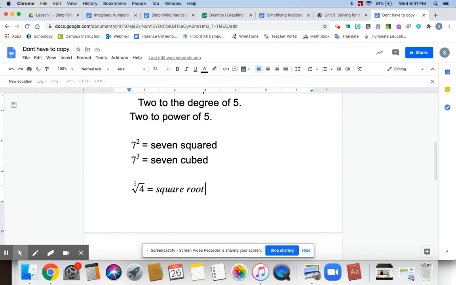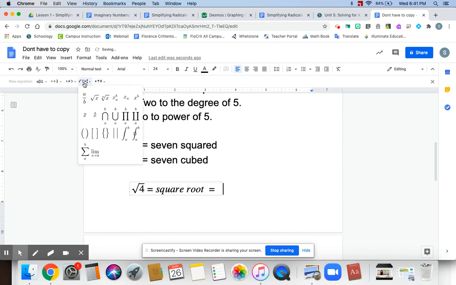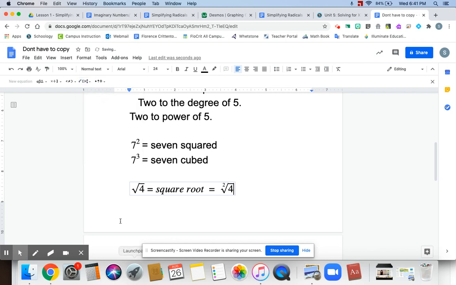It's called a square root because we pretend there's a little invisible 2 right up there. So these mean the same thing. We just don't write this 2 here because the square root is the most common one that shows up in real life. And things that show up in the real world a lot, they have special names. So squared shows up a lot, and so does square roots.